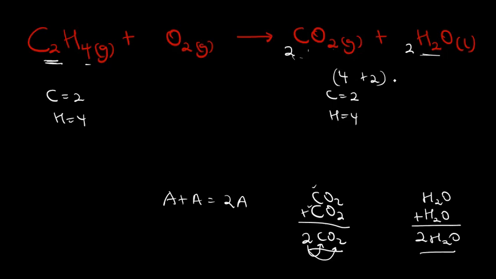So basically oxygen, we shall have 6 oxygen atoms on the right hand side, while on the left hand side we have 2. So on the left hand side we just have to increase the oxygen molecules to 3 so that we can have a total of 6 oxygen atoms.